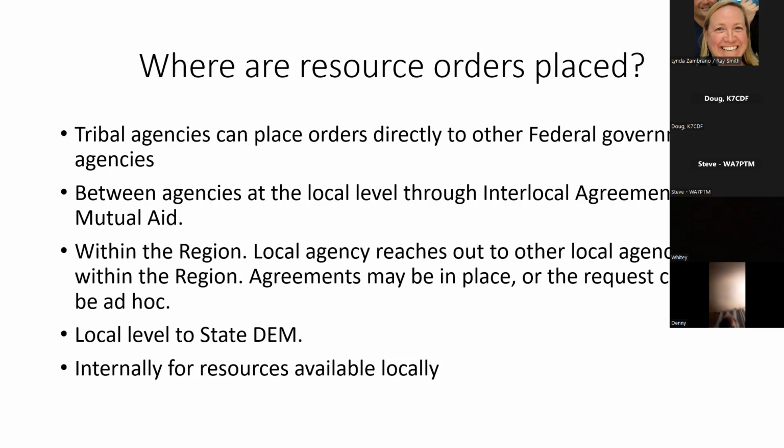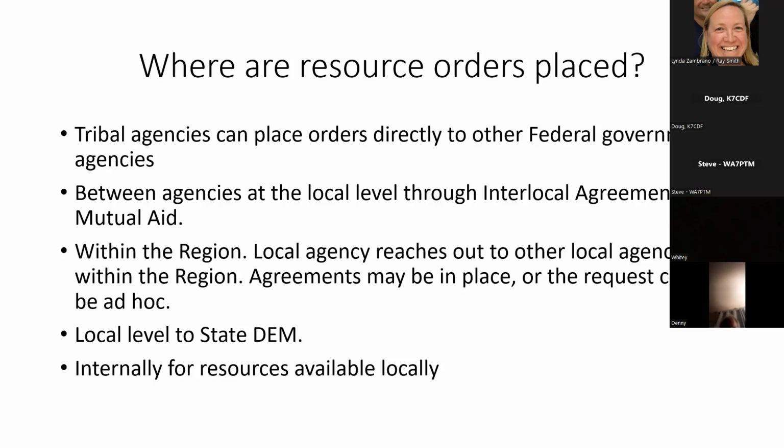And then within the region, for instance, we're here in Kitsap Region 2 with Jefferson and Clallam. We could reach out to our regional folks for assets if we needed to. And agreements may be in place. Steve and some of the other folks on here may be in some of the other regions that are aware of other agreements that may be in place to go get resources.